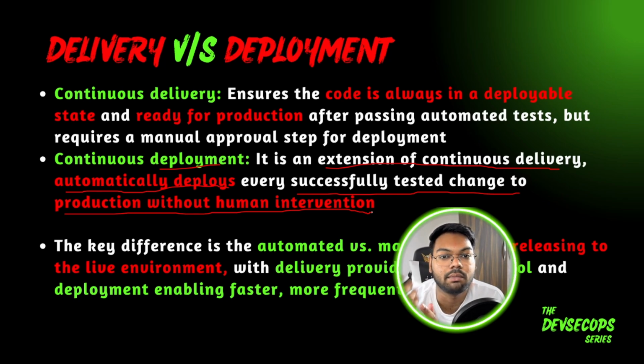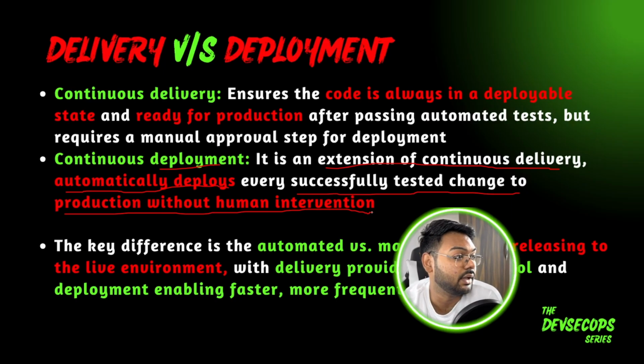So that's basically what CD is majorly used for. Continuous delivery requires manual intervention and release on a certain date or timeline that has been decided. You can even do it today itself, but it would require your approval. Continuous deployment is without any human intervention.